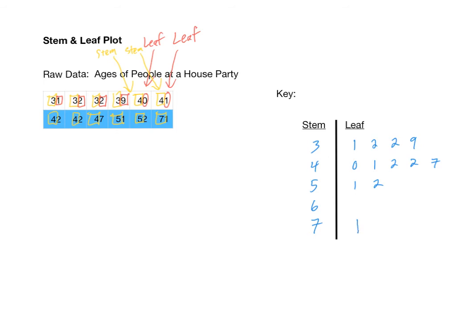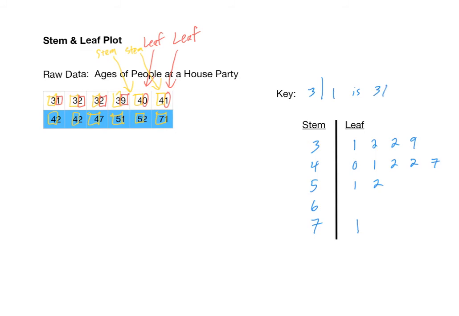Now, the stem and leaf plot is not complete. We have to always put in a key. That's what this is here. You've got to let people know what this means. So if you write something like 3 vertical line 1, what does that mean? 3 vertical line 1 is the number 31, or you could write equals the number 31.